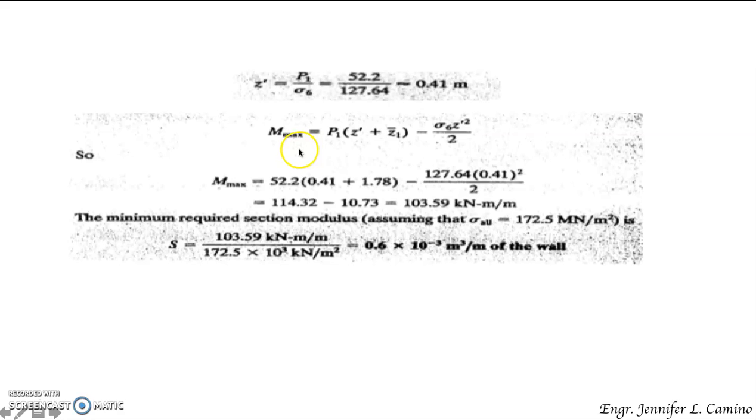For the maximum moment, you simply substitute to this equation. It gives us 103.59 kilonewton meter per meter. And you have now your section modulus, maximum moment over the allowable pressure. So this gives us 0.6 times 10 to the negative 3 cubic meter per meter of the wall.